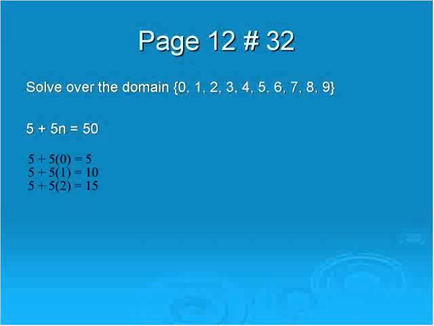You can probably see a pattern here, that we are going to be increasing by 5 each time. 5 times 3 is 15, plus 5 is equal to 20. 5 times 4 is 20, plus 5 is 25.